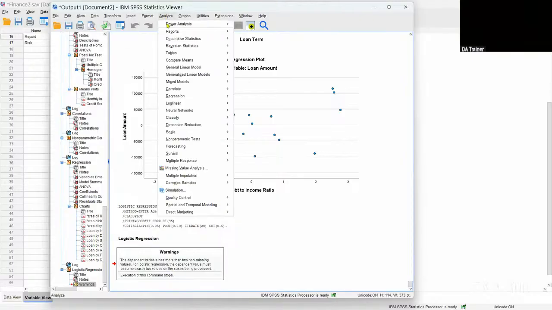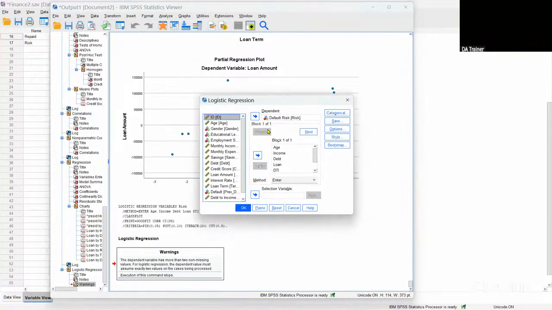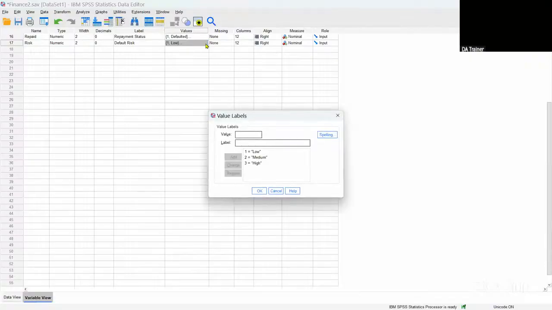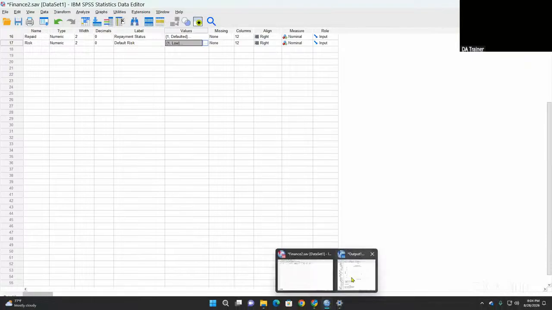Default rates. What is there on that default rates? Default rates is low, medium, and high. But this one should have given us what we are looking for.